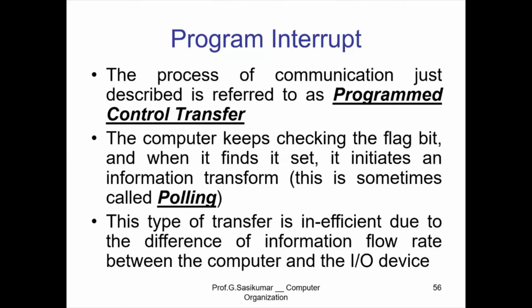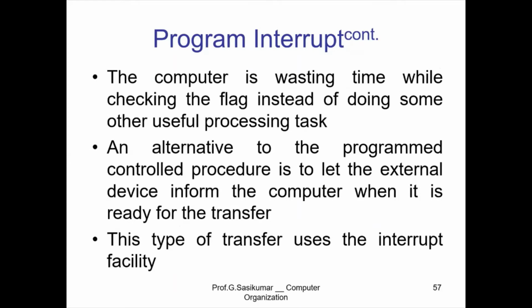The process of communication just described is referred to as a programmed control transfer. So I tell the computer that if the password is correct, allow the person, or else deny the person. If the password is wrong 3 times, then lock the account. These are called programmed interrupts. We are going to write code to control your program between the computer and the input output device.